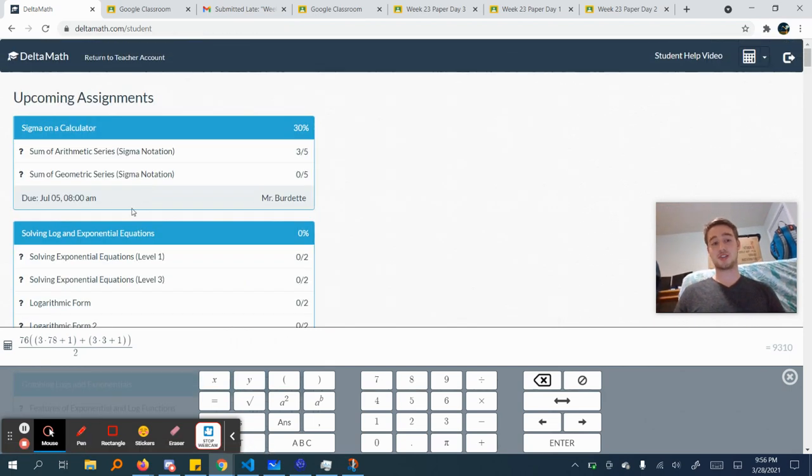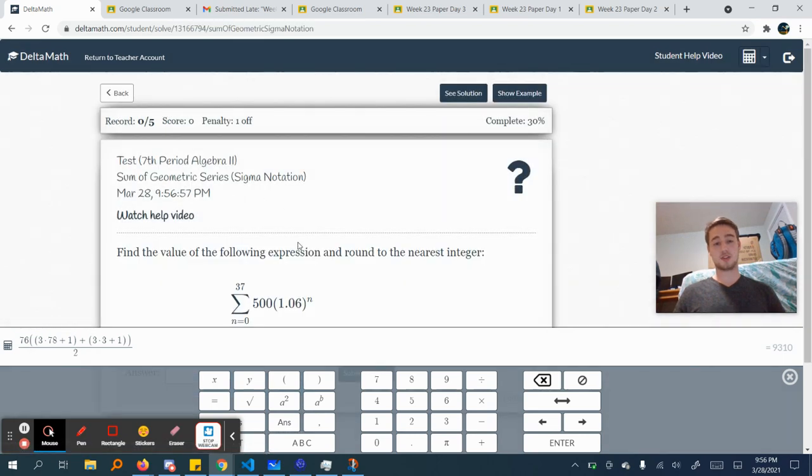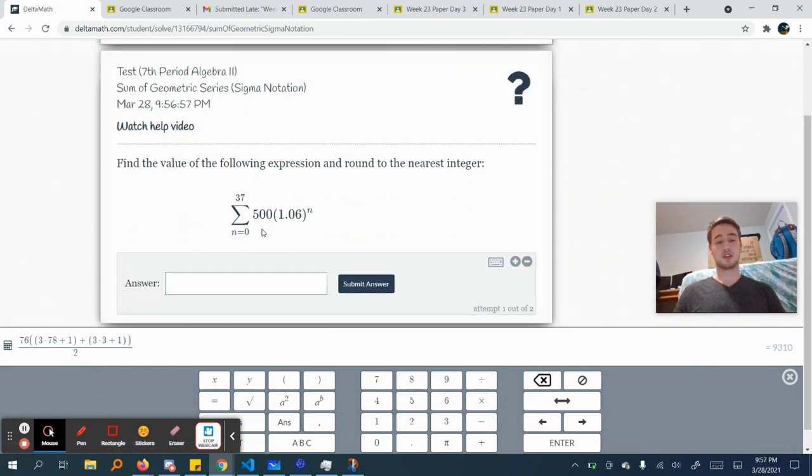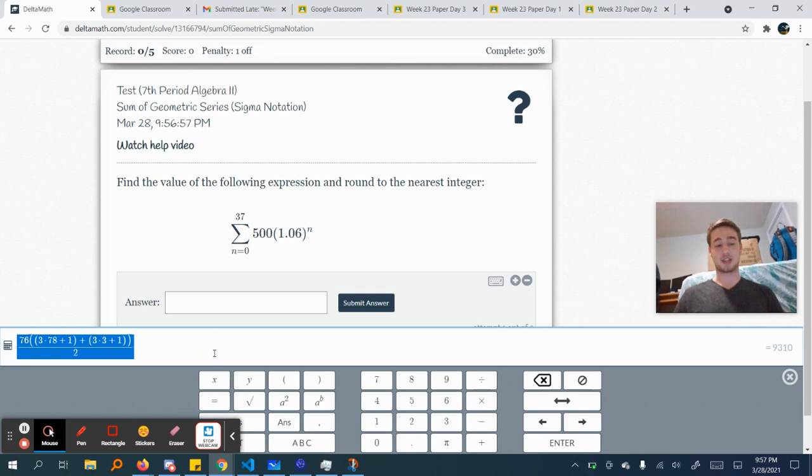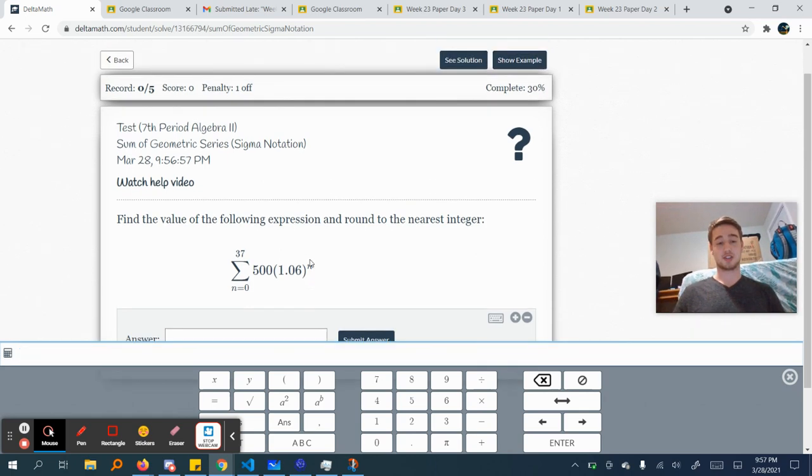For the sum of geometric series, those are the ones where you multiply repeatedly, you're going to do it a little differently. And in fact, I'm going to go to the example so that it doesn't just overwhelm you.